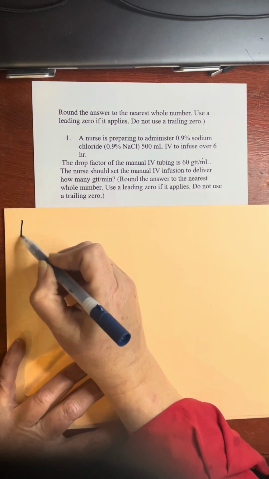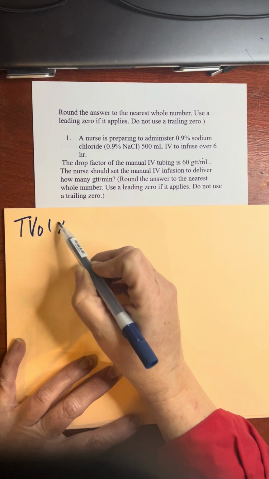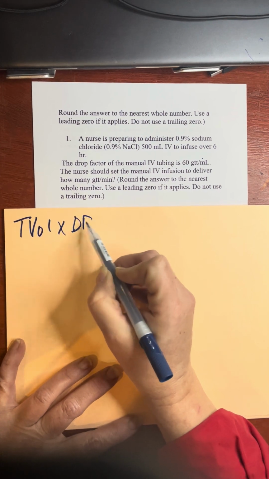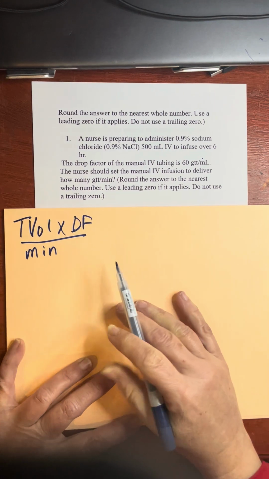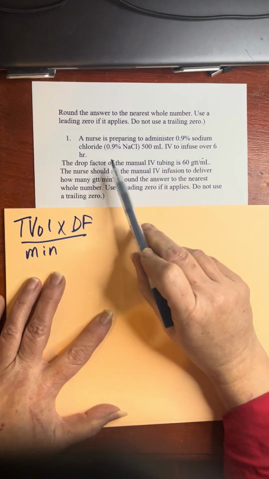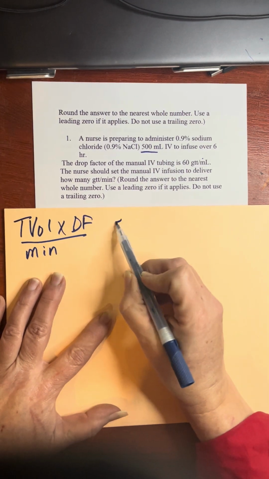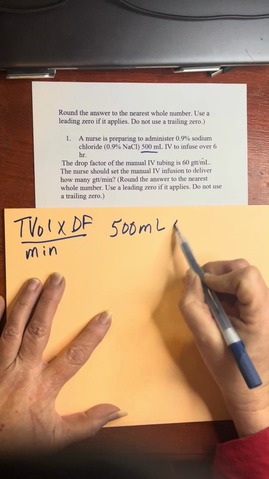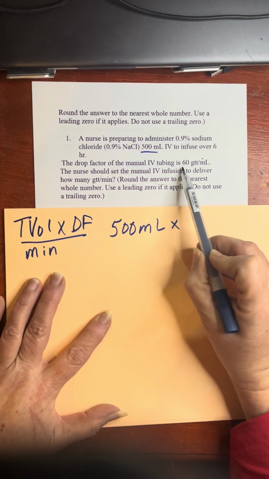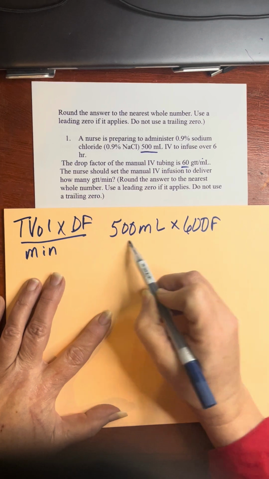So the formula for drops per minute is the total volume times the drop factor over the time in minutes. Okay? So your total volume in this problem is 500 milliliters. And the drop factor, right here, they said it was 60, a 60 drop factor.